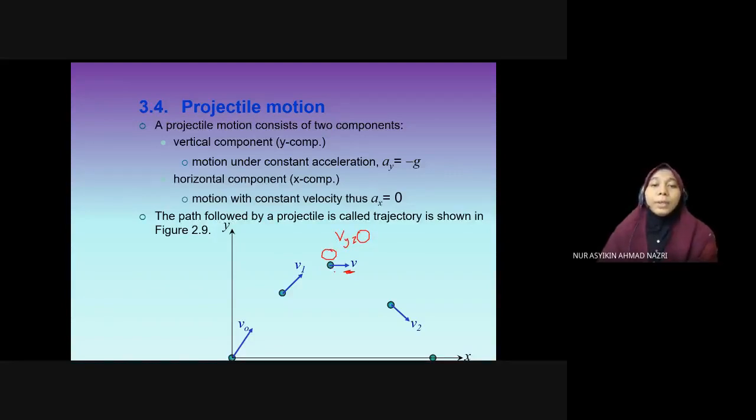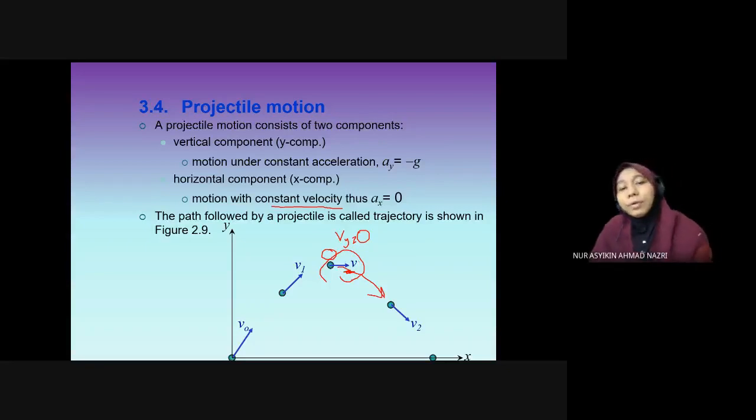But what is the factor that pushes it in this direction? That is your Vx, your constant velocity, your velocity in the x direction or your horizontal velocity. Your Vy here will always equal 0.